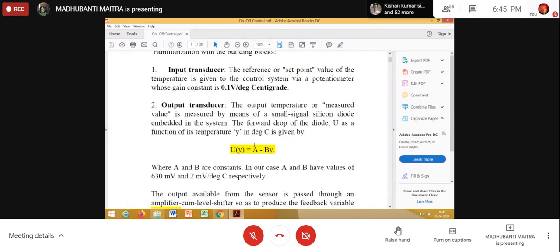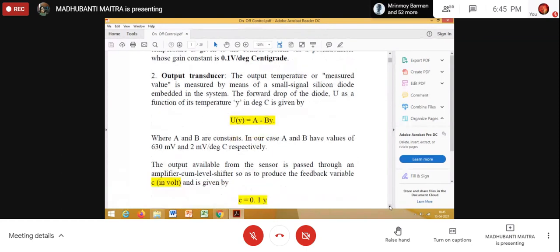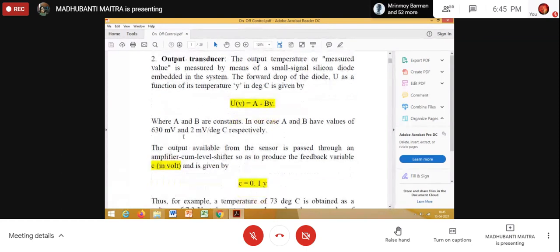So its forward voltage drop, given by U, is a function of temperature, and it's given by A minus B times Y, where Y is the temperature, and here A and B are constants. We have used these two values. The value of A is this and the value of B is this.